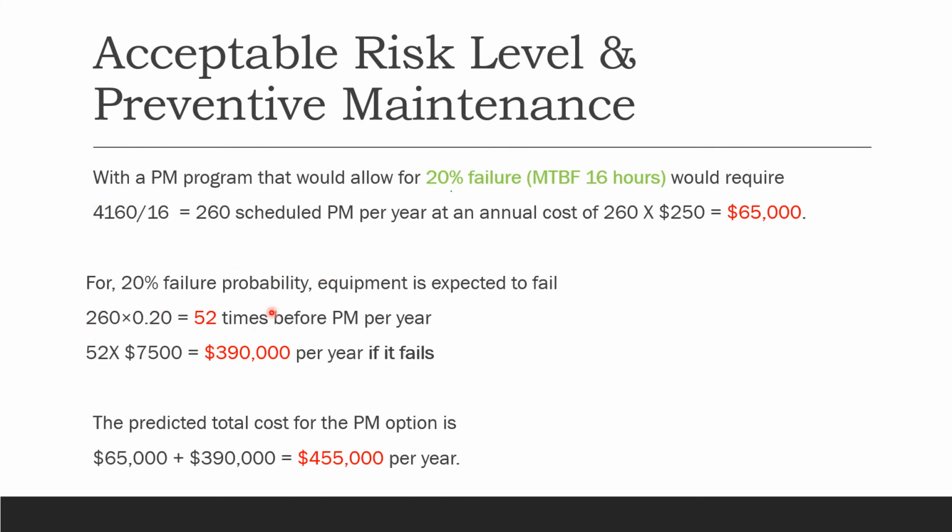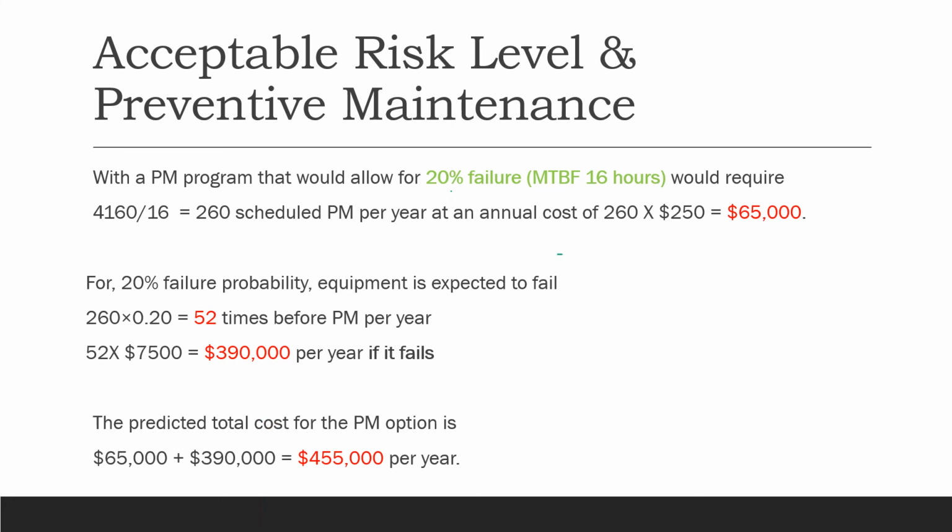But this won't happen. Usually 52 times failure doesn't happen, because your chance is only 20% to fail. And we usually do the maintenance, so therefore the system won't fail. So you will be spending between $65,000 and $100,000 per year.